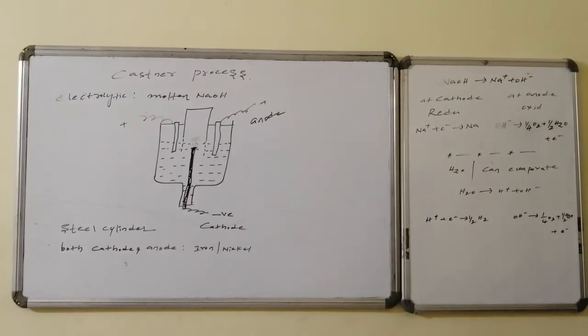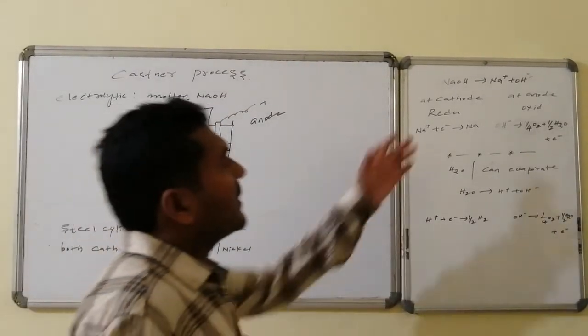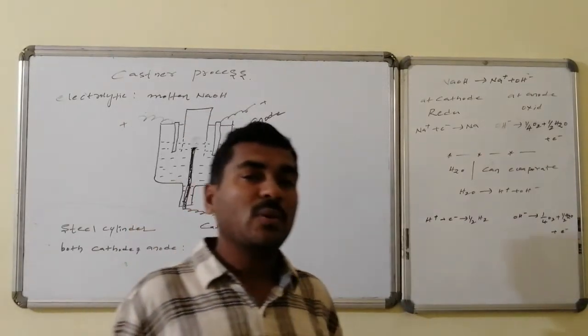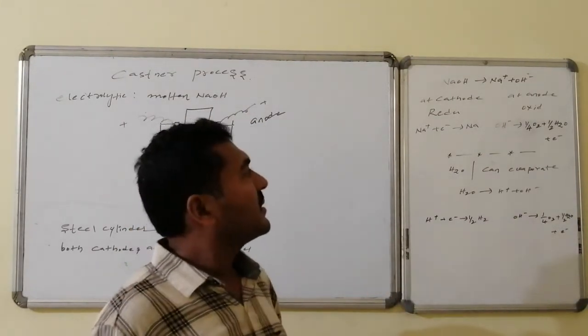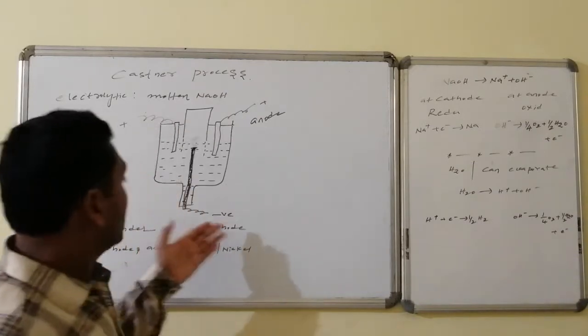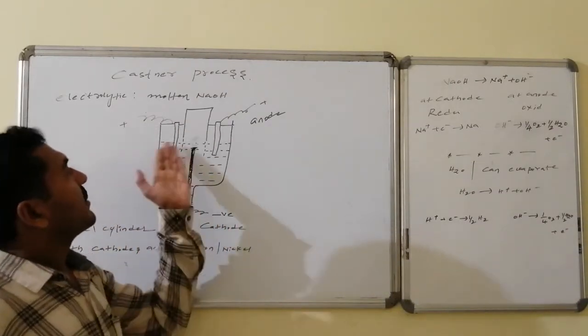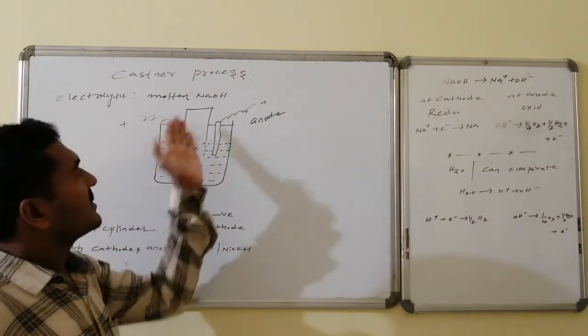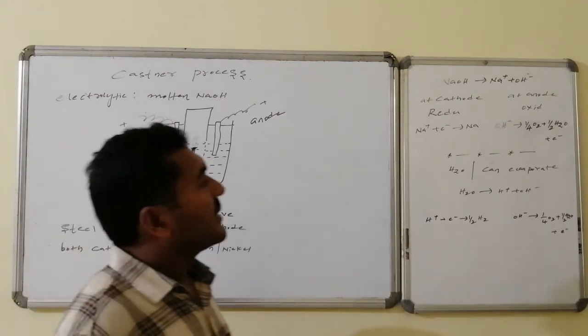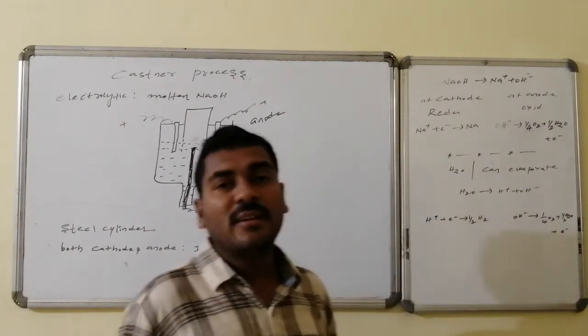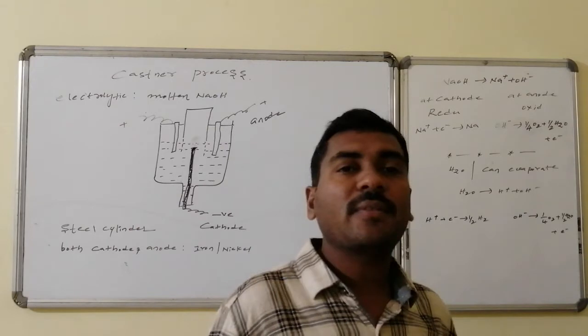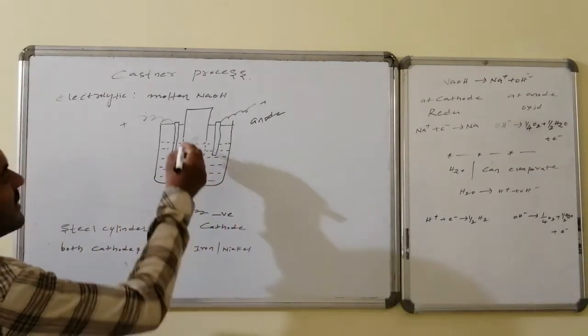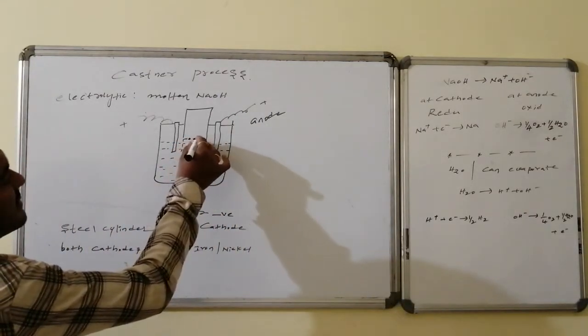Chemical reactions occurring in the Castner process: sodium hydroxide is present in the form of Na+ and OH-. At cathode, that is here, reduction takes place. It is separated from the anodes with the steel diaphragm, and that Na+ after taking an electron is converted to sodium, which has lower density, hence it is collected over the surface like this.